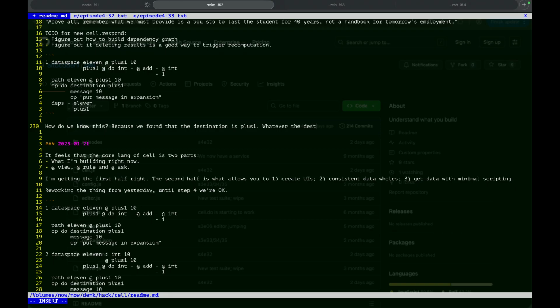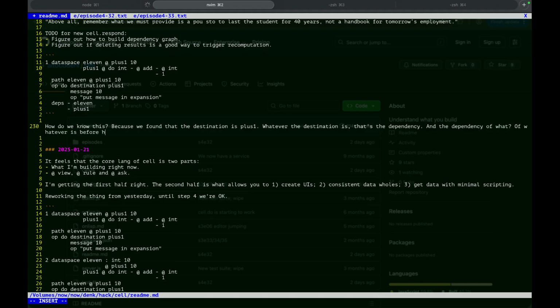Whatever the destination is, that's a dependency. And the dependency of what? Of whatever is before the add we are expanding at the moment.